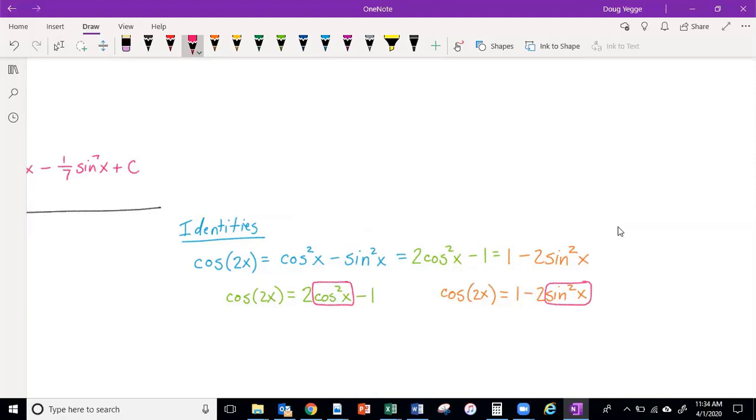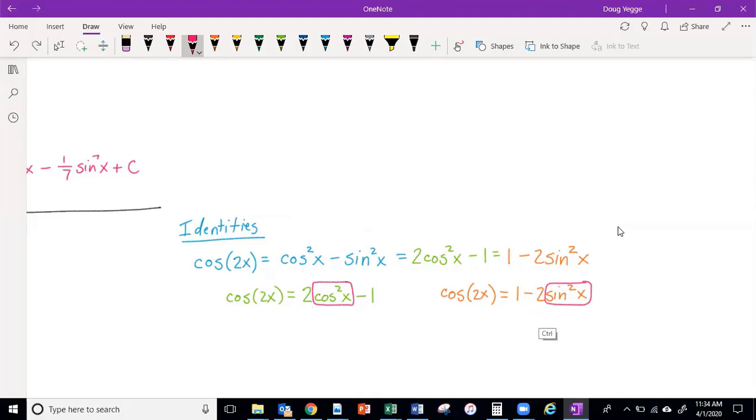So our goal here is to do that. So why don't we do that? In this case, all I would have to do is add 1, then divide by 2. Over here, I would subtract 1, then divide by negative 2.